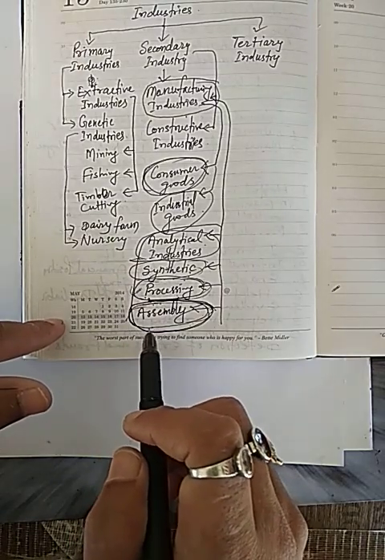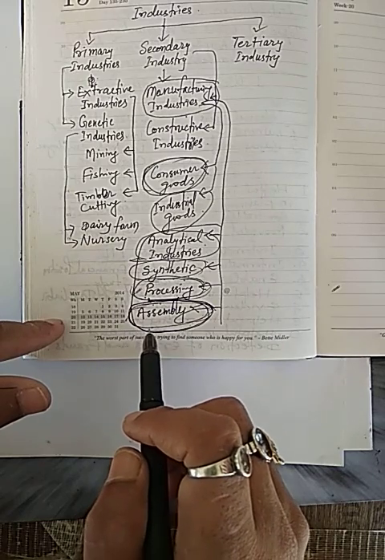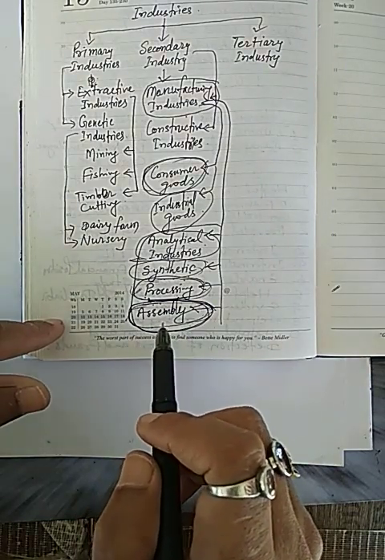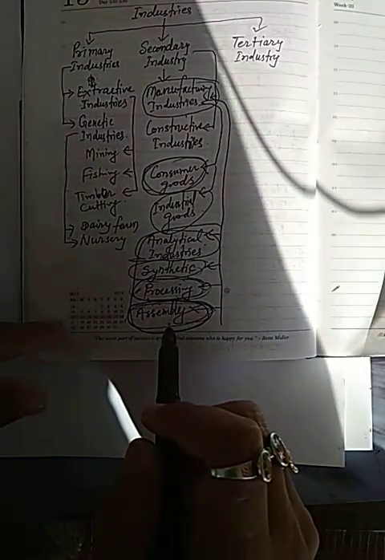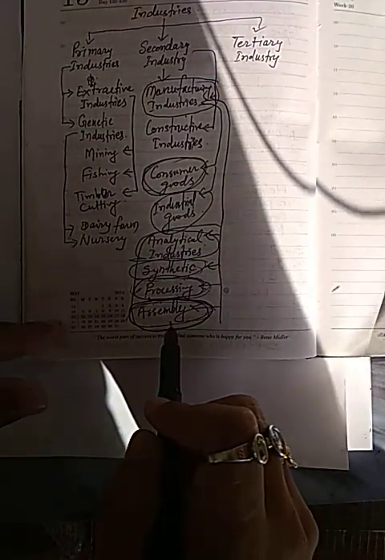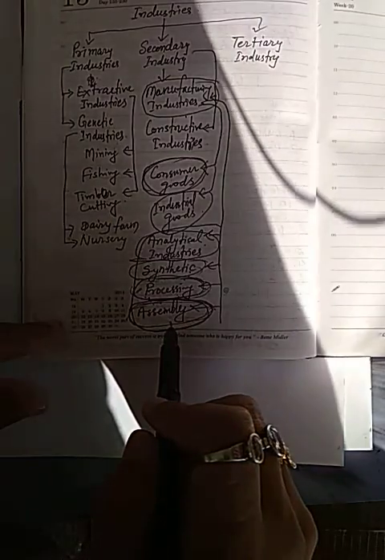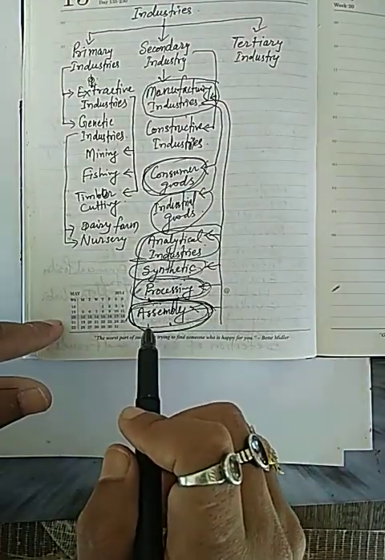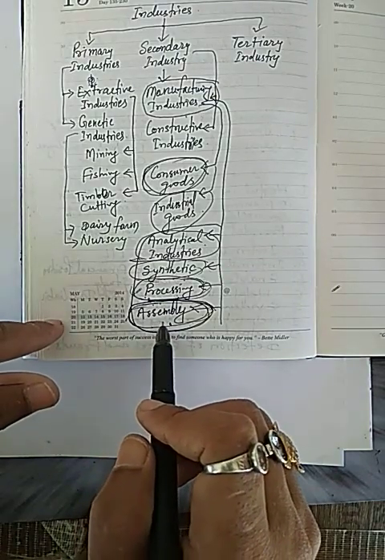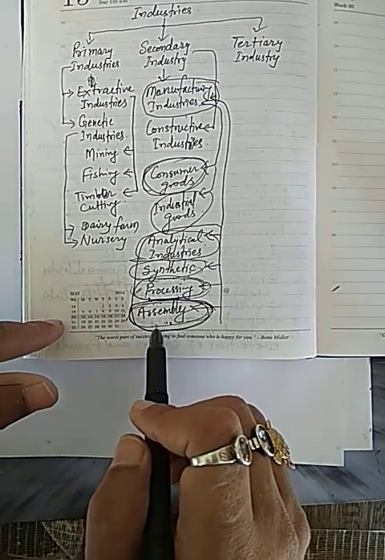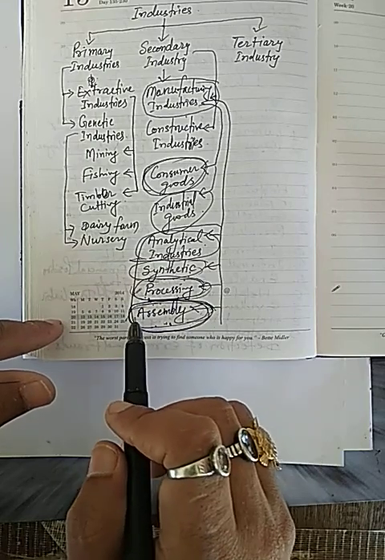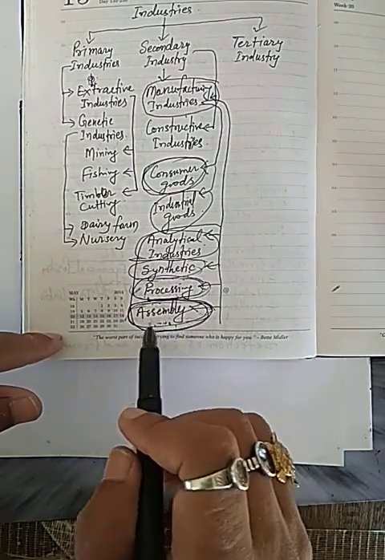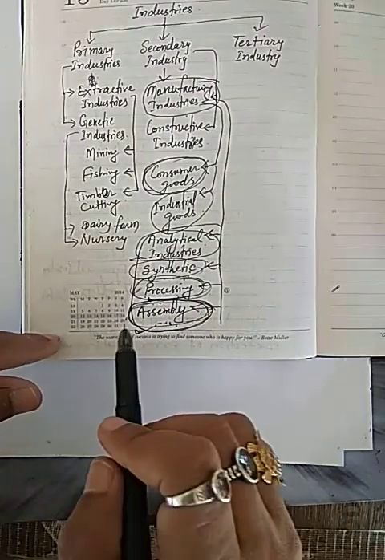Only one company cannot make a computer. It has to purchase glass from another company, plastic from another company, some parts it manufactures itself, etc. Television, watches, automobiles, car companies, etc. are the best examples of assembly industry.